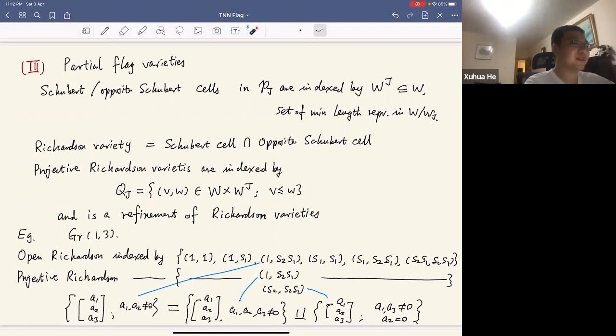How should we think about the decomposition of the partial flag variety? A naive way is to look at the decomposition of the partial flag variety into the Schubert cells, which are just the B plus orbits, and also the opposite Schubert cells, which are just the B minus orbits.